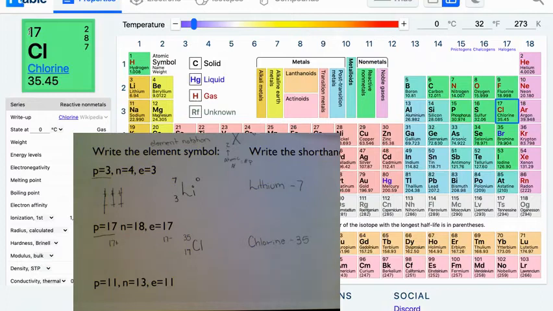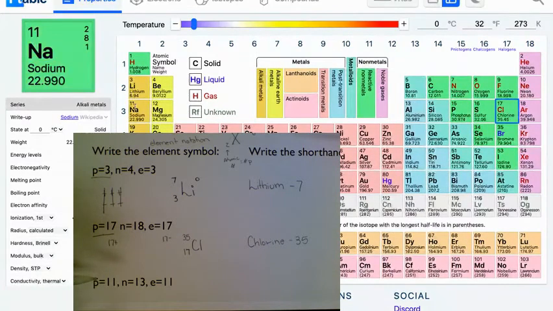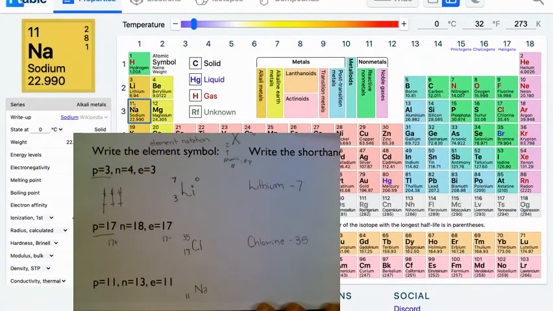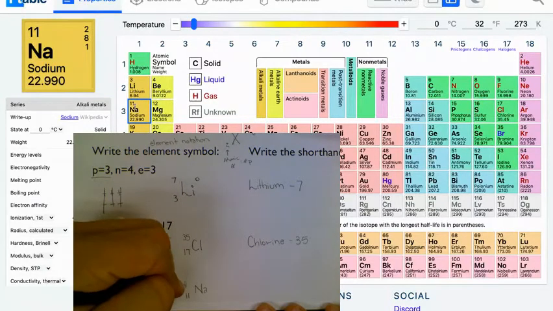Now for the last one, let's go ahead and do it. Now, if you would have seen from the first 2, you're looking at your protons to see what the element is. So if I have 11 protons, by looking at my screen and looking at the P table, sodium is my element, and my atomic number is 11. My mass number is going to be my protons plus my neutrons, so it's 24.